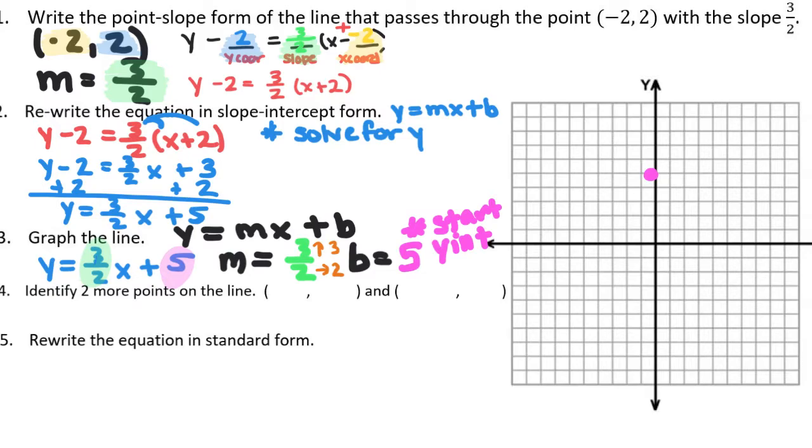So if I graph, I'm going to go up 3 units, and then over 2 to put my next point. And you can continue to add points. So I can go down 3 and left 2, and down 3 and left 2 again. And then you're going to draw in the full line for your equation.